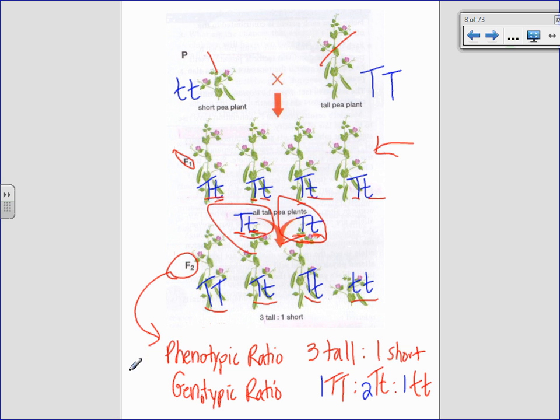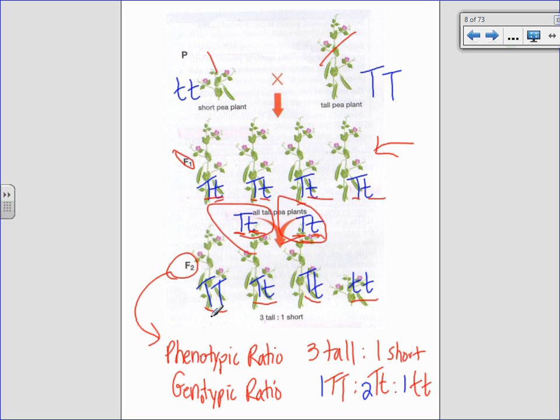So if they ask you to write the phenotypic ratio or the genotypic ratio, then we usually write it with a colon. The genotypic ratio shows the gene possibilities. So if you look at the gene possibilities, that has to do with the letters, the possible genes that were combined to get the offspring.